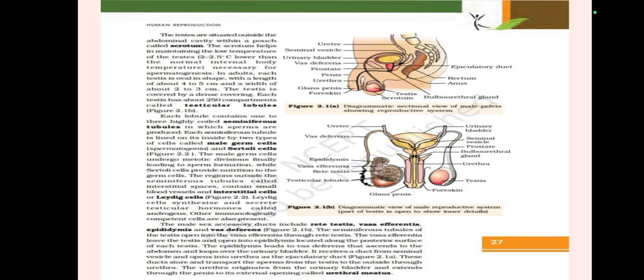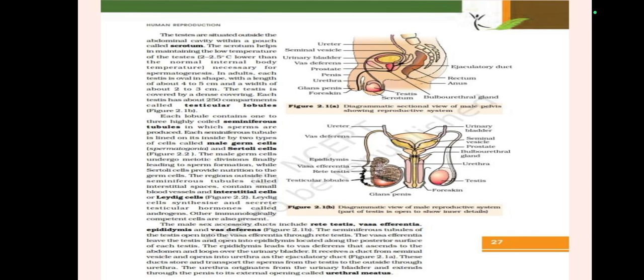Each seminiferous tubule is lined on its inside by two types of cells called male germ cells, spermatogonia, and Sertoli cells, figure 2.2. The male germ cells undergo meiotic divisions, finally leading to sperm formation, while Sertoli cells provide for nutrition to the germ cells.